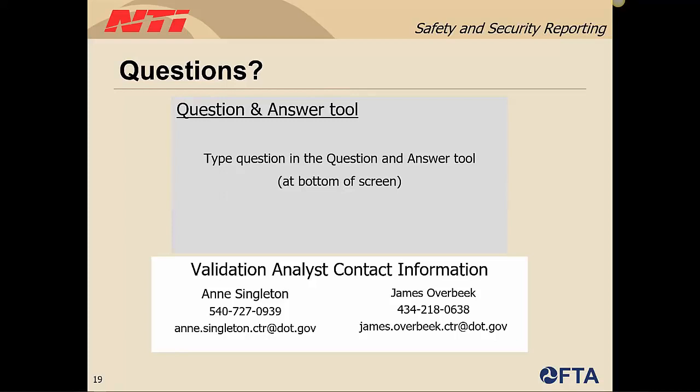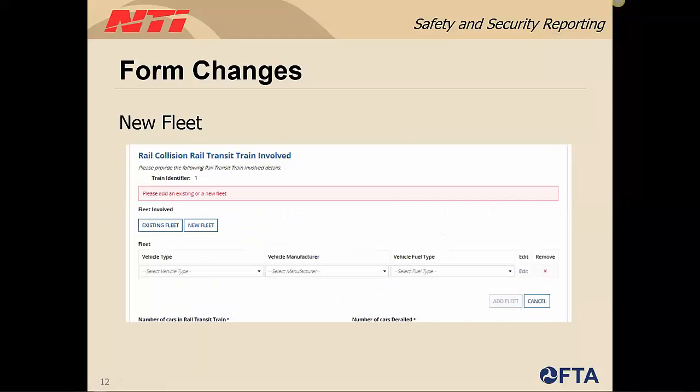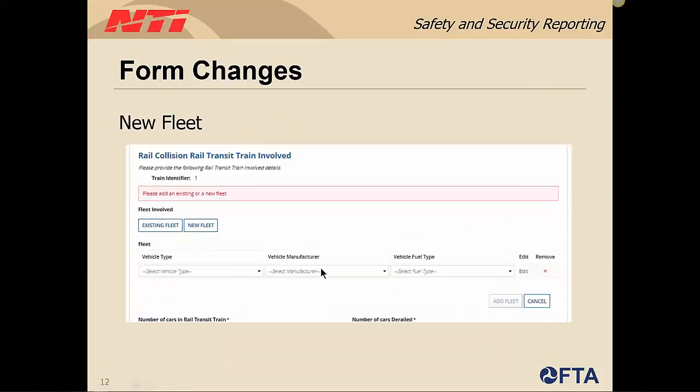Okay. What if it's a new vehicle that's not on the A30? Okay, again, let me go back to that screen just so you'll see it. You can still see my screen, I'm assuming. If it's not on your A30, then instead of choosing the existing fleet button, you choose the new fleet button.